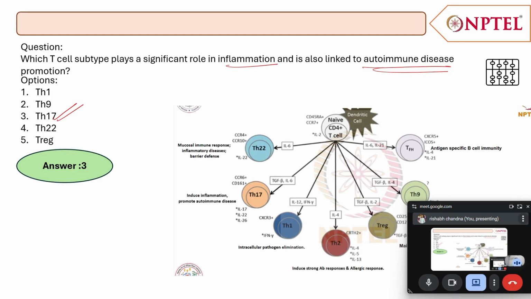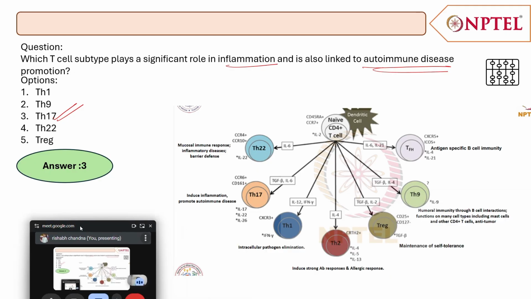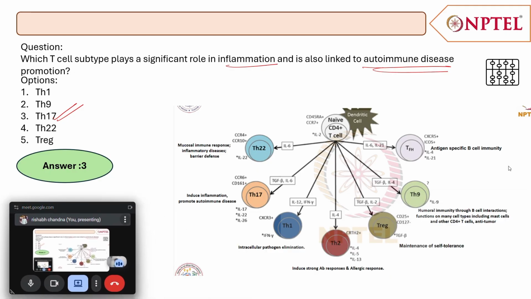Okay, moving on. So these are the different functions of the T cells that are shown here. So we have the Th cells that have the CD45RA and CCR7 and secrete IL-2. Th22 is linked to the mucosal immune response, inflammatory disease, and barrier defense. Th17 induces inflammation, promotes autoimmune disease.